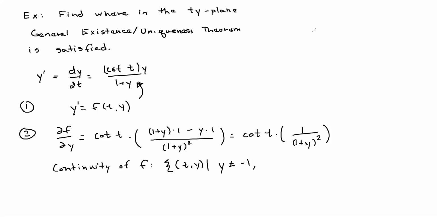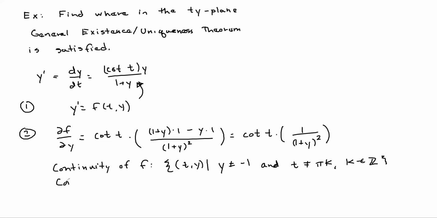And also, I guess we should put an "and" here, not a comma. And what about t? This is, again, cotangent. We discussed cotangent earlier. Cotangent is 1 over tangent, and tangent is 0 at 0, pi, 2 pi, and so on. So we want to say that t cannot equal pi k, where k is an integer.